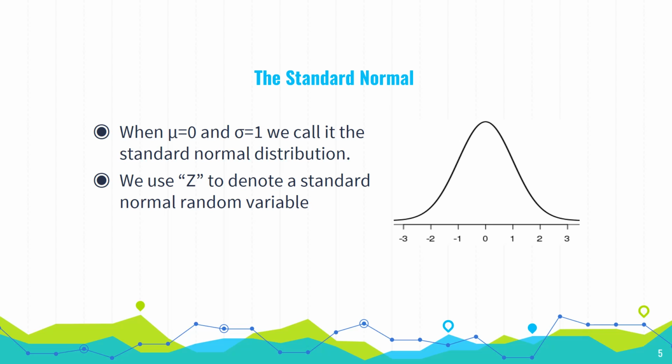The reason the standard normal is so important is because essentially all normal curves can pretty much be stretched and mapped onto the standard normal curve. So when people calculate probabilities, what they really do is map their normal distribution to a standard normal, and then calculate the probability on the standard normal curve, and that's their answer for the original problem.